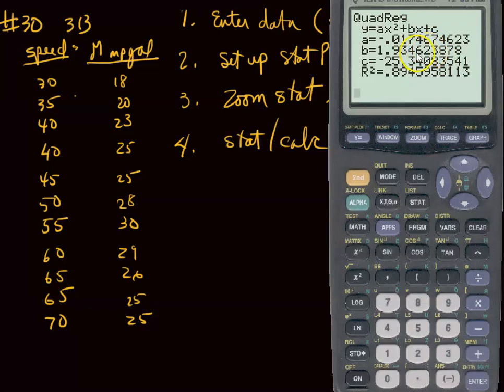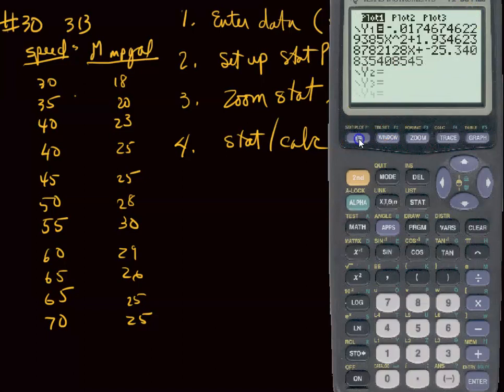And then the minus 25.34, 25.34. So this matches what they've got, at least to the first 2 decimal places. I guess 3 decimal places for A, but 2 for the rest. So this is also placed in y equals, and it gives you all those decimal places.